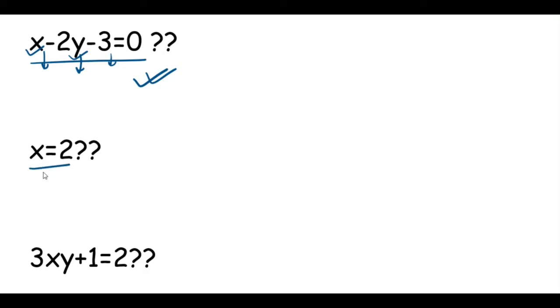Next, consider the example x equals 2. Can we say this is an equation which is linear as well as in two variables? Note that x equals 2 can be written as 1 times x plus 0 times y minus 2 equals 0.